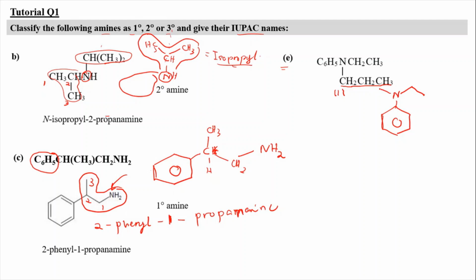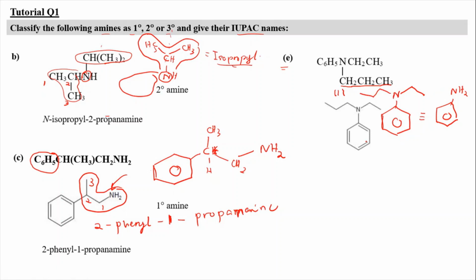So you're going to have 1, 2, and 3 here. As you can see here, it has almost a similar structure of aniline, but one hydrogen is changed into ethyl and another hydrogen is changed into propyl.